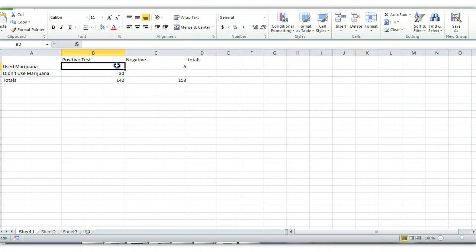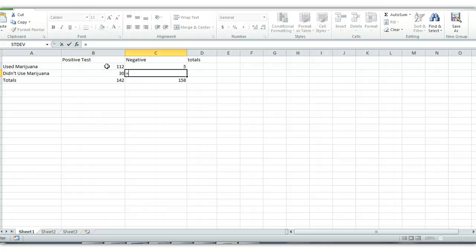Alright, now remember, these other cells all come from addition, and then so that means these cells can come from subtraction. This is equal to 142 minus 30. This one's equal to 158 minus the 5 above it. Alright, everything in these tables comes from just addition and subtraction. Used marijuana is 112 plus 5.